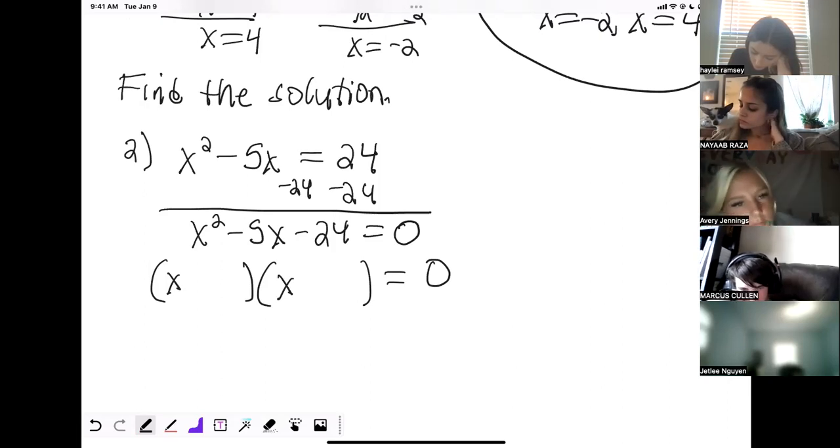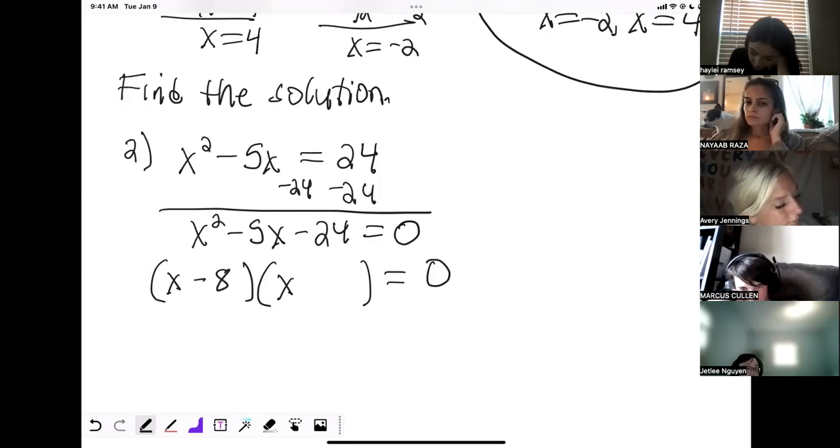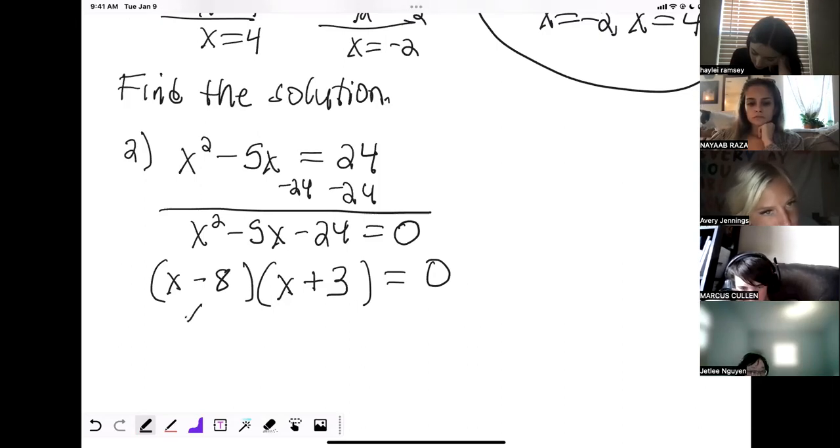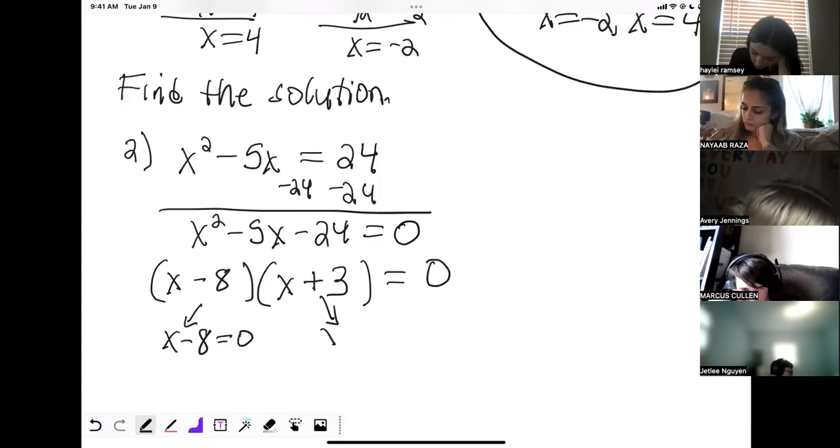You can also do the other method, but that would be -8 and +3, because -8 times 3 is -24, and -8 plus 3 is -5. Now I need to solve. So I set each one equal to 0.